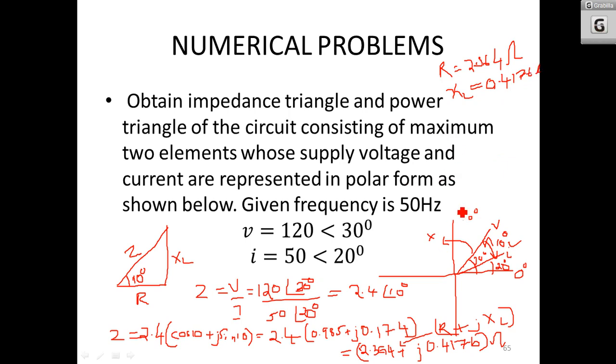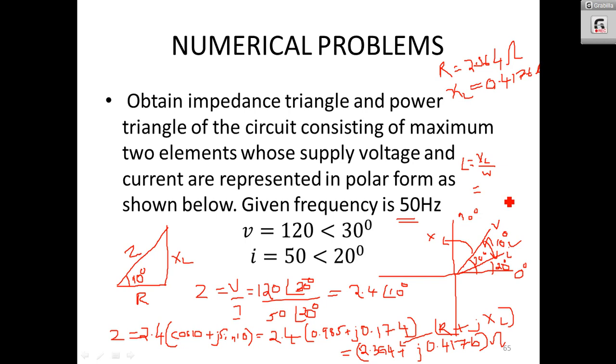Therefore, how do you find the inductance? XL is basically omega into L. Therefore, L is equal to XL by omega. What is omega? Omega is 2 pi f and f is 50 hertz. Therefore, L is 0.4176 divided by omega, which is 314.